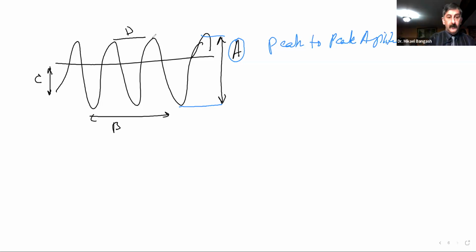It goes from the peak of one wave to the trough. Did that make sense? That was the peak-to-peak amplitude, represented by the arrow.